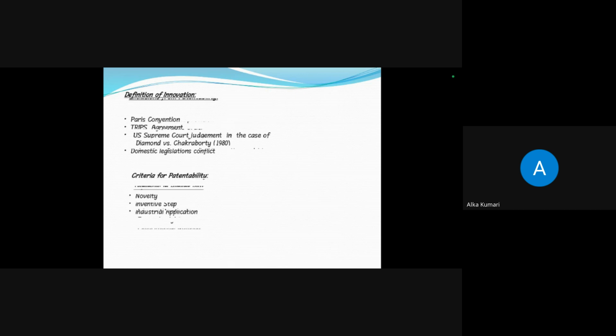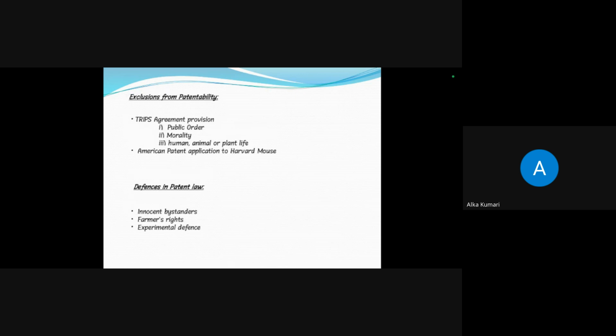Some exclusions are also given, for whom patents can't be given. According to the TRIPS agreement, members may exclude from patentability inventions whose commercial exploitation within their territory must be prevented for the protection of public order or morality, including to protect human, animal, or plant life or health.